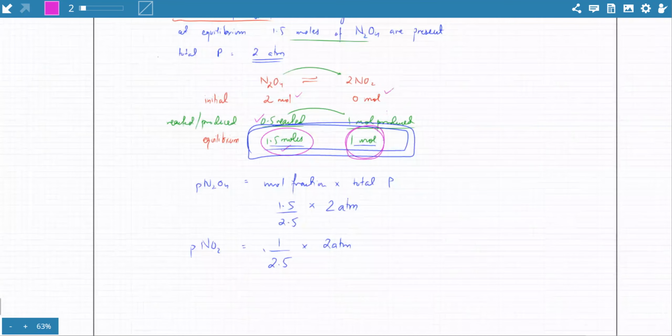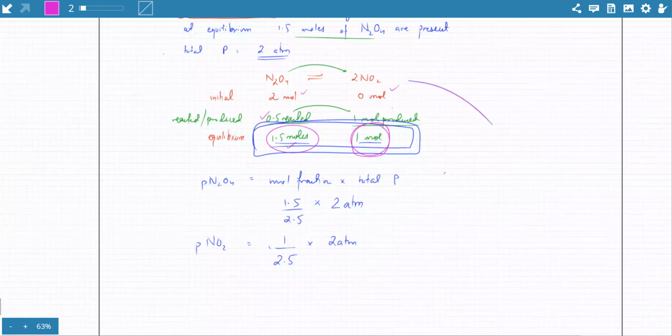And once you have that, you can write the expression. What's the expression for Kp? Products over reactants: partial pressure of NO2 squared, divided by the partial pressure of N2O4. The partial pressure of N2O4 is 1.5 divided by 2.5 into 2. Not this one.